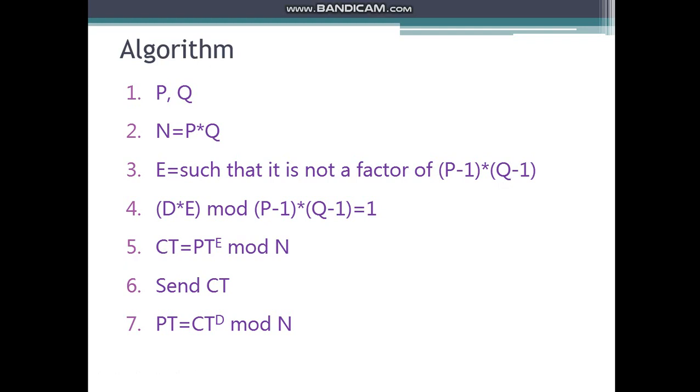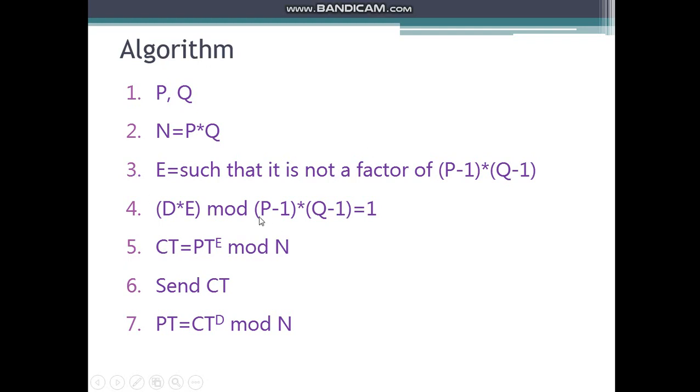P and Q are large prime numbers, so phi is (P minus 1) into (Q minus 1). Then we can choose the value of E such that it is not a factor of (P minus 1) into (Q minus 1), that is, it is not a factor of the totient function.